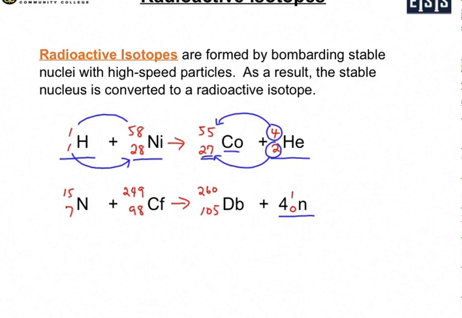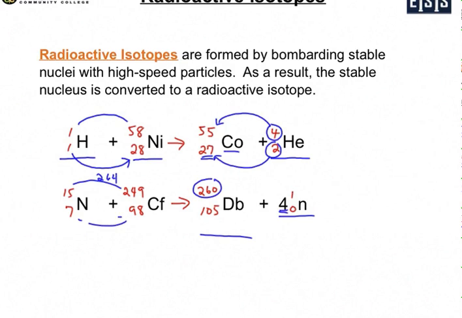So when you look at your mass balance again to see what this material is going to be over here, you have a total of 264 mass number on the left, and you have 4 neutrons coming off. So if this is 264 and there's 4 coming off over here, that leaves you with 260.